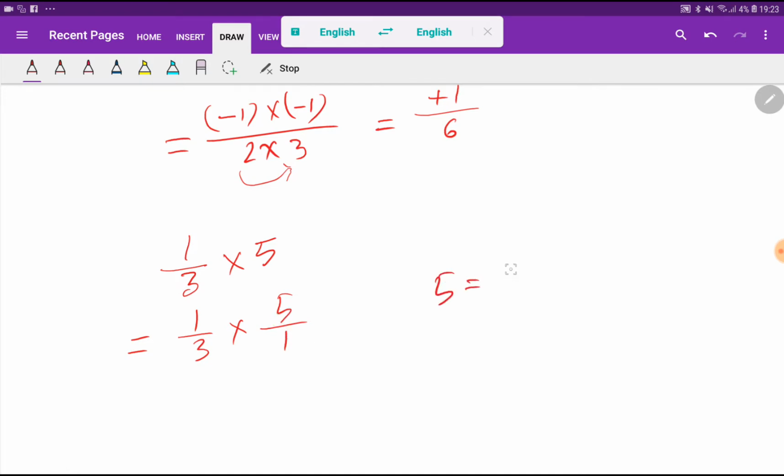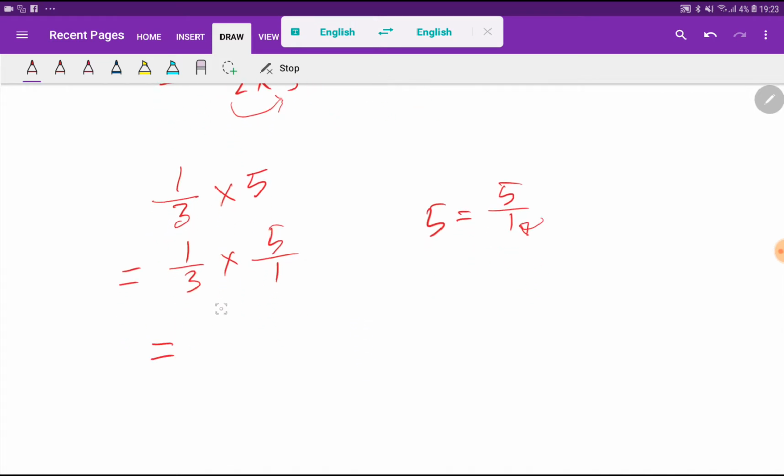Basically, you can express any integer as fraction taking 1 as a denominator, because the value of 5 by 1 equal to 5. Now we have to multiply numerator to numerator and denominator to denominator. So basically we are getting 5 by 3, right?